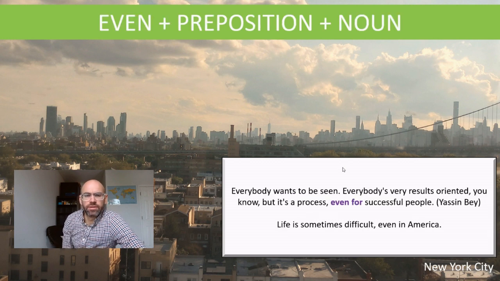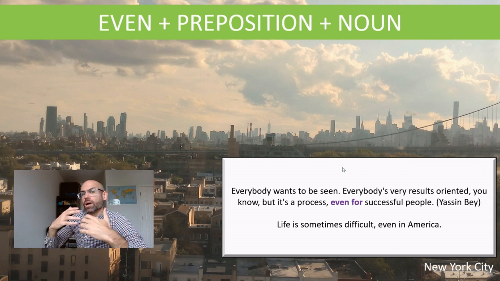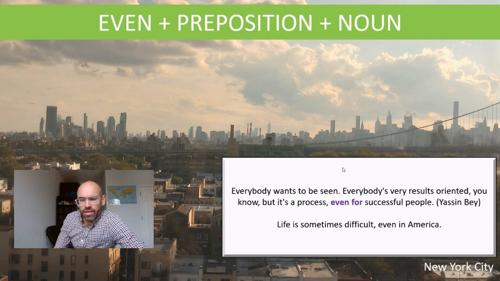And then we also have the example where you can use even with a preposition and a noun. So you can say, this is a quote from Yasin Bey: "Everybody wants to be seen. Everybody's very results oriented, but it's a process even for successful people."